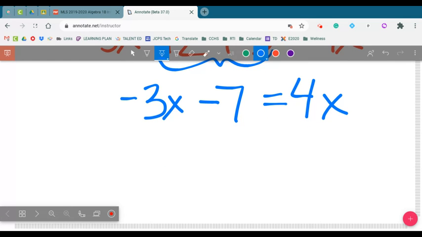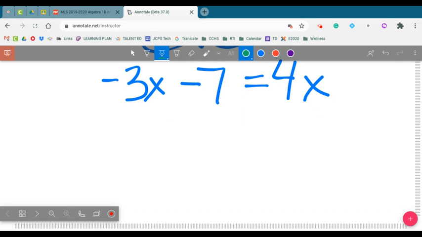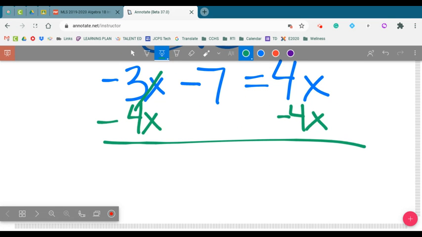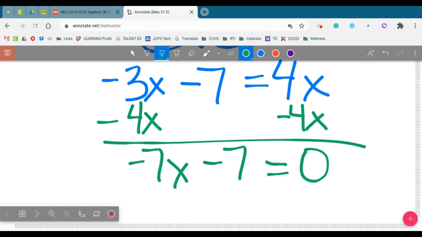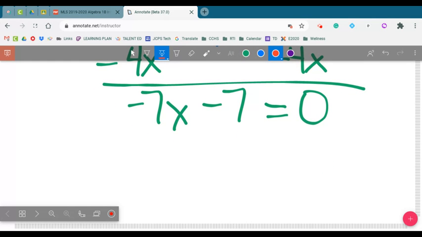Then I want to get my variable moved to the left side. That's a positive 4x, so I'm going to subtract 4x. Now, I want you to think about this. If I subtract 4x from that side, what does that leave on this side? It will leave 0. So I want you to think about that. Negative 3 and negative 4 is going to give me negative 7x. Now I want to move my constant to the right side.